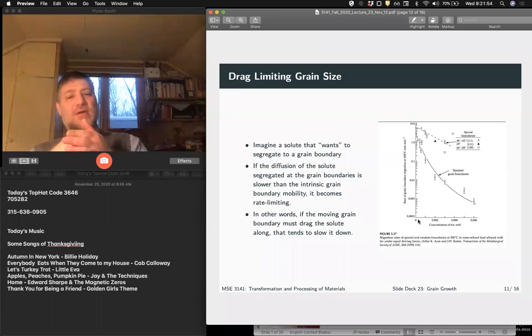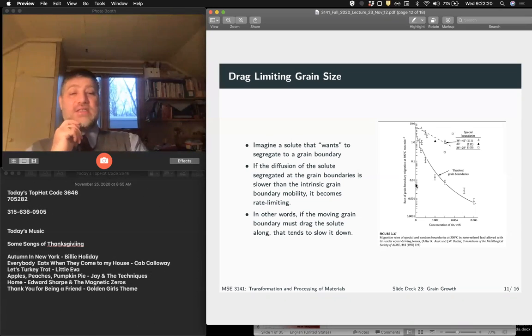So that means our boundary is not going to break away from the solute very easily. So that means that the rate of grain boundary migration is going to be determined by how fast our solute can diffuse, right? And so the solute diffusion becomes the rate limiting step, and this is called solute drag.